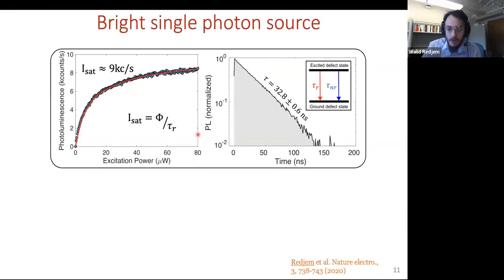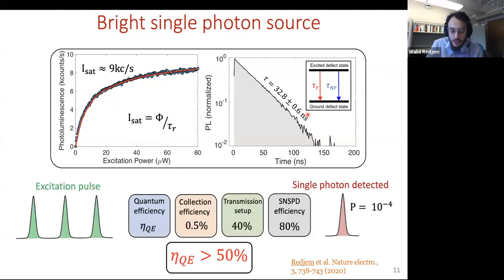And actually, it is quite bright. So we measure the light curve. We get up to 9,000 counts per second, so 9,000 photons per second, with a lifetime of 33 nanoseconds. With this number, we can estimate the quantum efficiency of the defect. When the defect emits photons, we lose a lot of signal. We lose, for instance, a lot of photons that stay inside the silicon because the silicon index is very high.